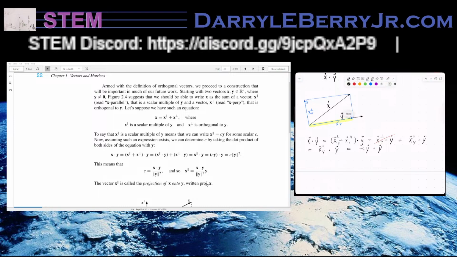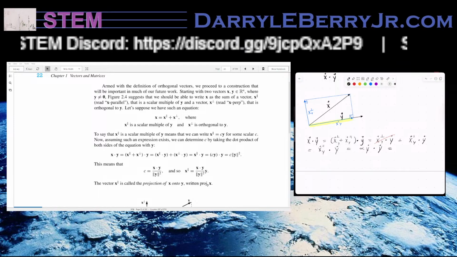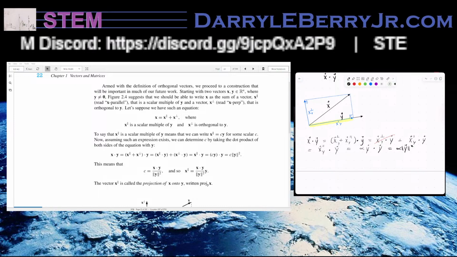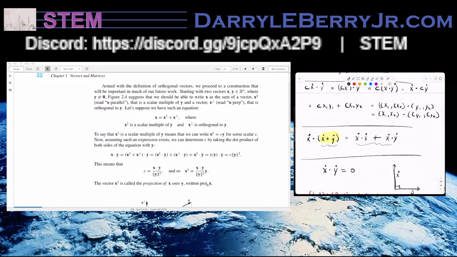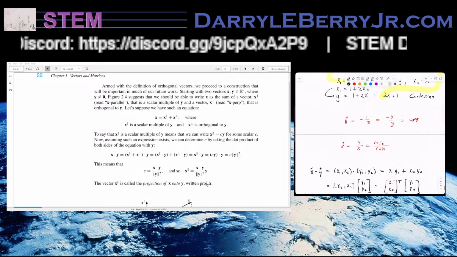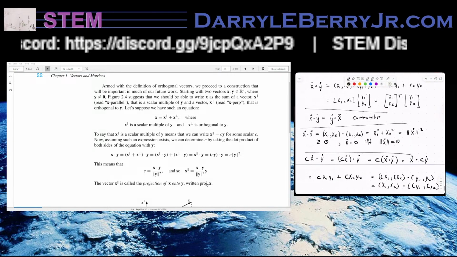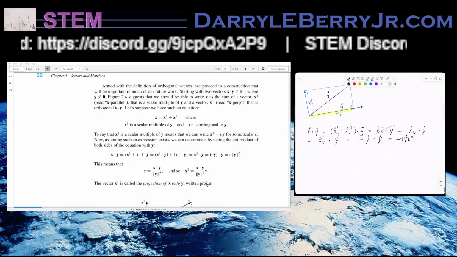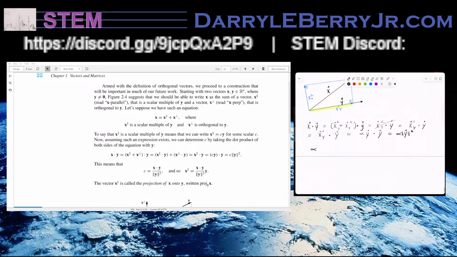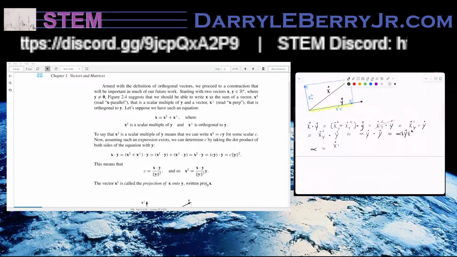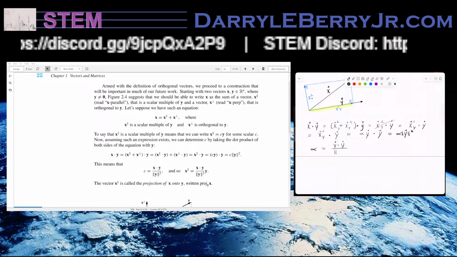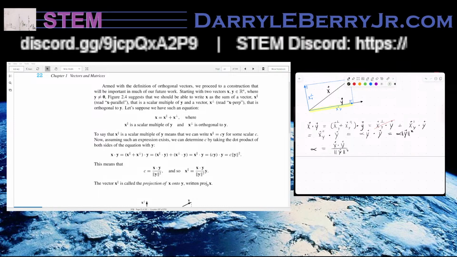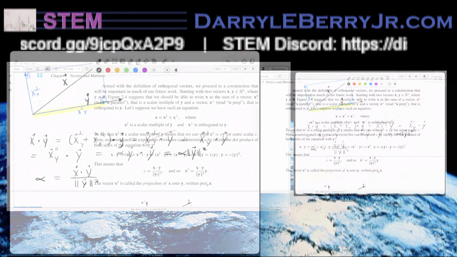So it's y scaled by some amount. And we know that y dot y is the magnitude squared, as we covered earlier with x dot x right here. So that means that this scalar is going to be the dot product of x and y over the magnitude of y squared, which is what the book has right there. That's where that comes from.